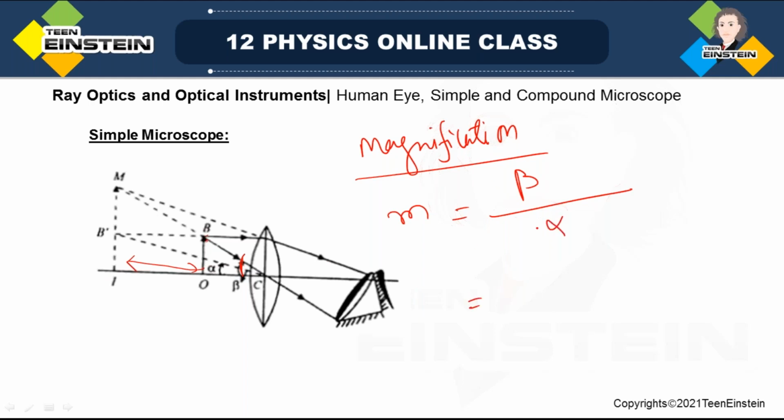So this is alpha. Now since these two are very small, I can write tan beta by tan alpha.